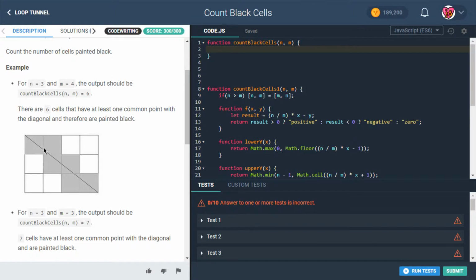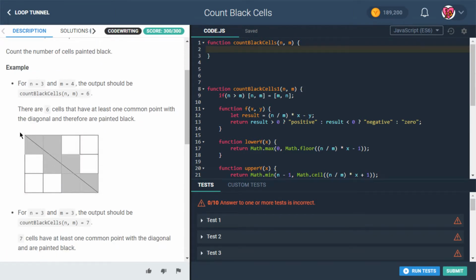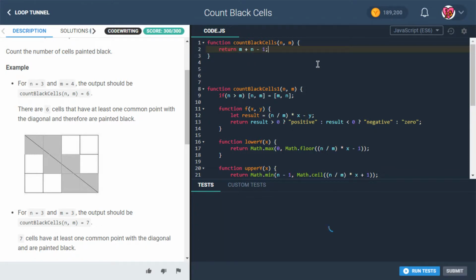Then it needs to switch from the first row to the second row to the third row, and maybe more depending on the case. The main thing here is that we need to know how many of them there are. My claim is that we could get a decent amount of mileage by just saying m plus n minus 1.